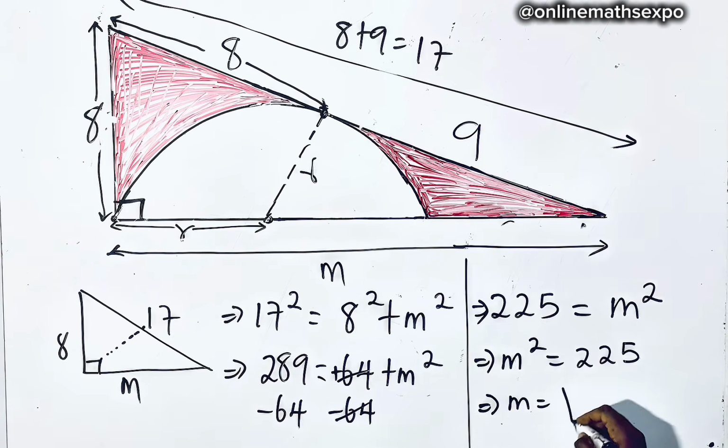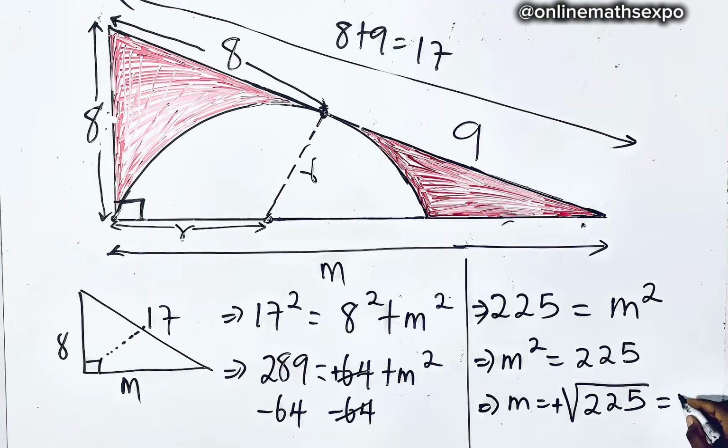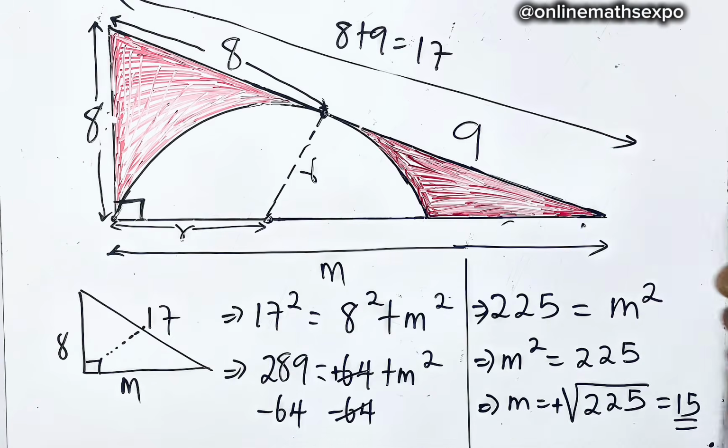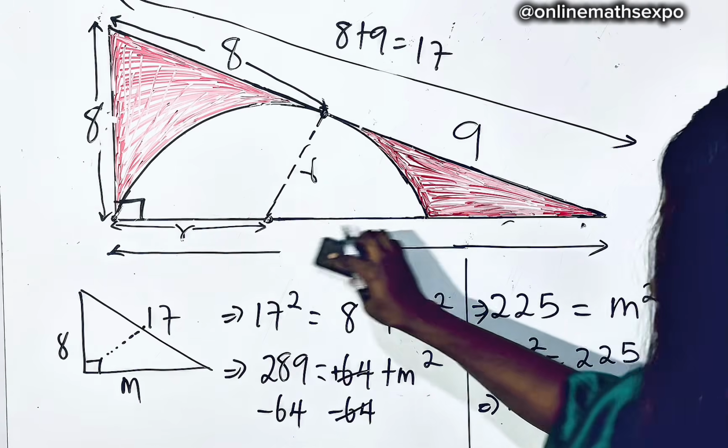So M will be the square root of 225. You take the positive and negative square root. But because the side can't be negative, we're only going to concentrate on the positive square root. And you have it that the square root of 225 is 15. So it means that from here down to this end gives us 15 units.